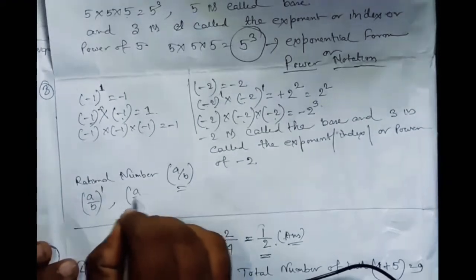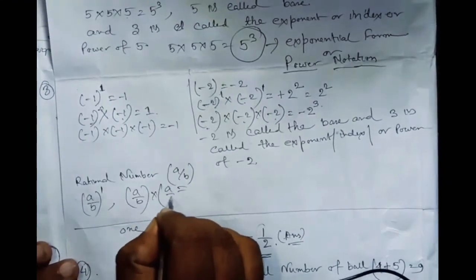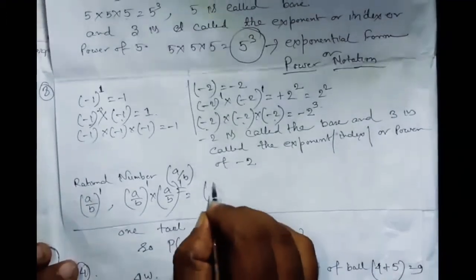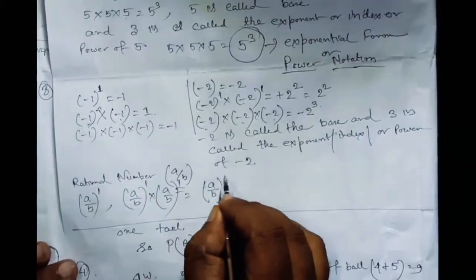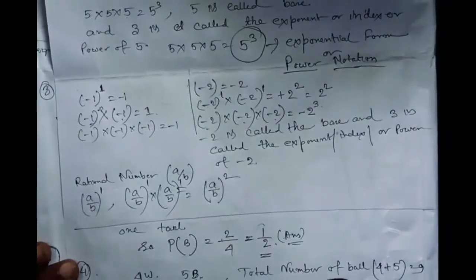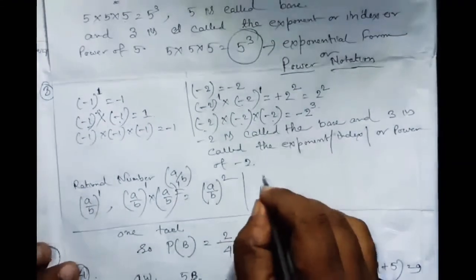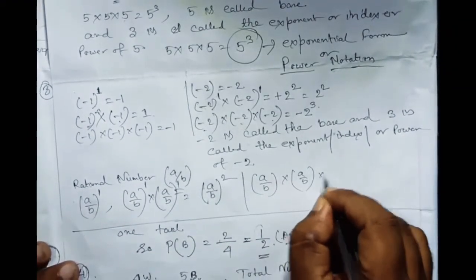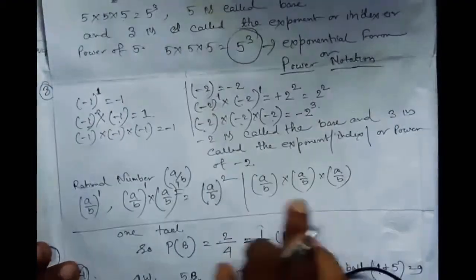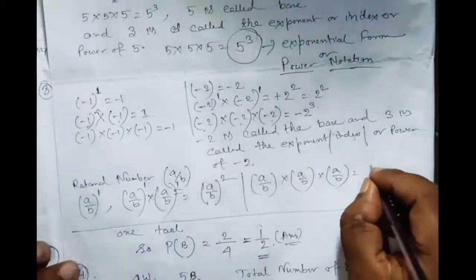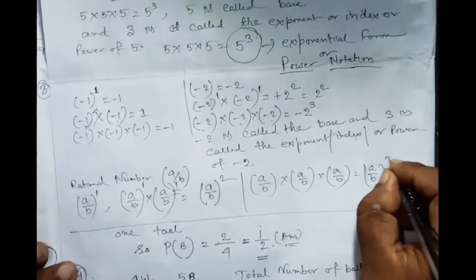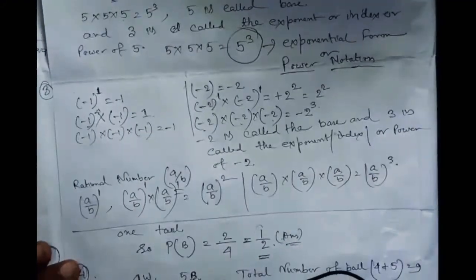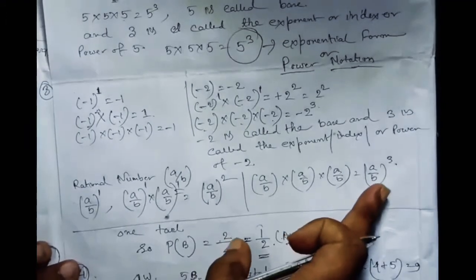Now if we multiply a by b into a by b, this is 1, this is 1, that is (a by b) to the power 2. Okay. Similarly, if we multiply any rational number 3 times, we are getting the power 3. Understood? Similarly, if we multiply this 4 times, we are getting the power 4.